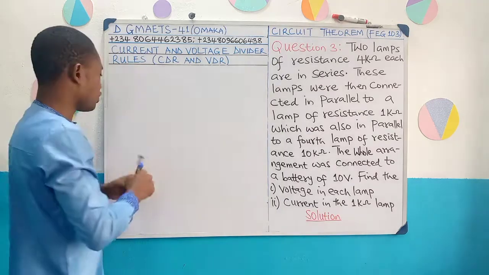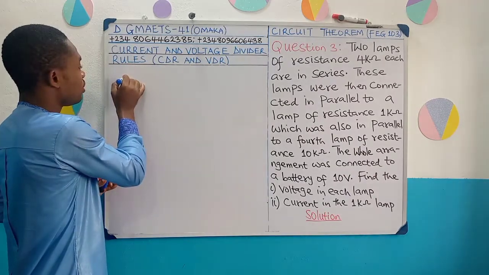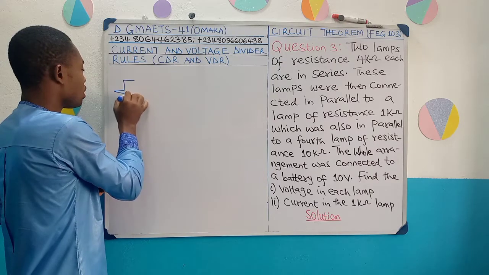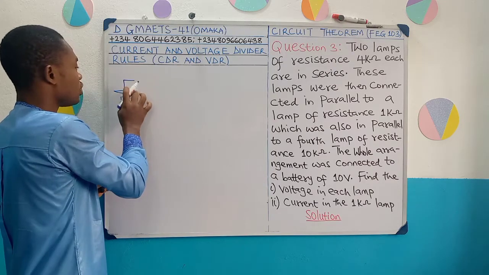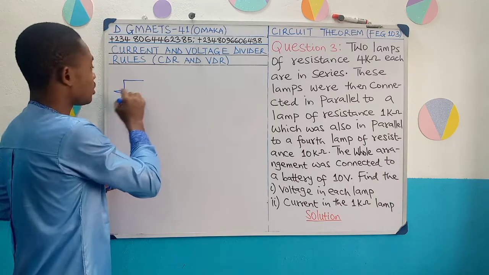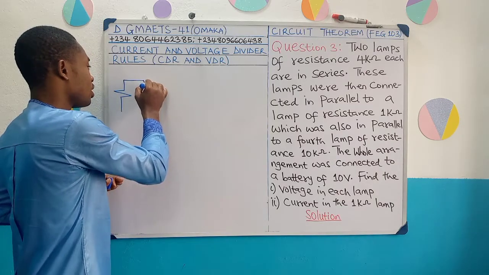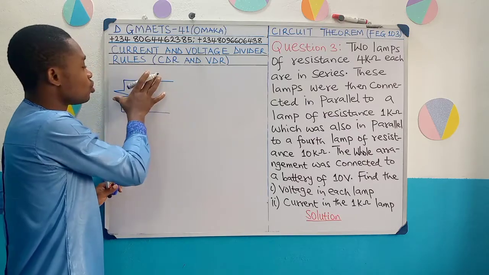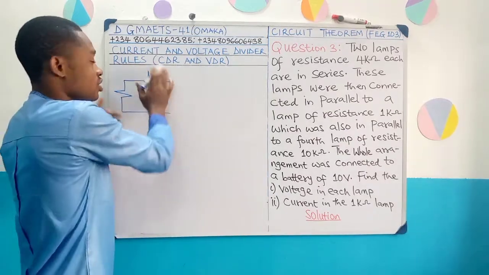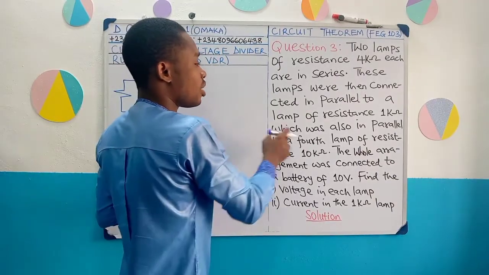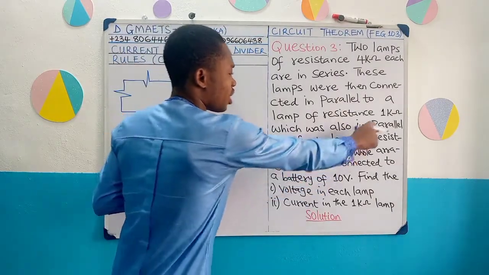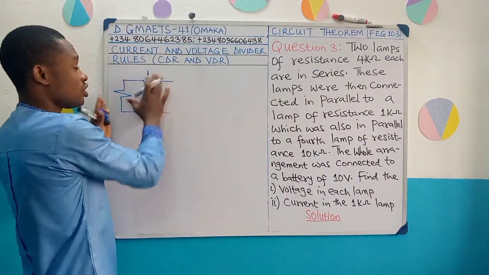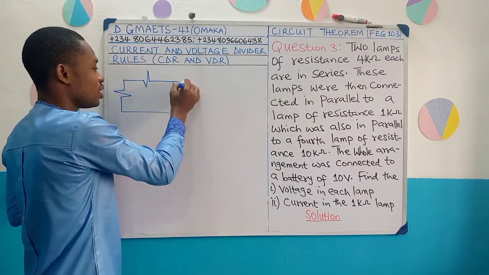Let me use the blue marker for the sketch. So it's going to be something of this form. This, let's say, is the first 4 kilo ohm resistance lamp, and then the next, I'm going to fix it here. These two resistance lamps that are in series were then connected to another lamp. The resistance of that lamp is 1 kilo ohm, and it's in parallel to these two. So I'm going to do something like this.